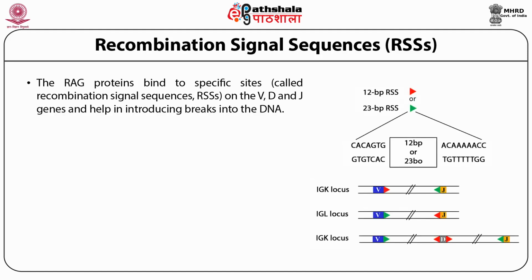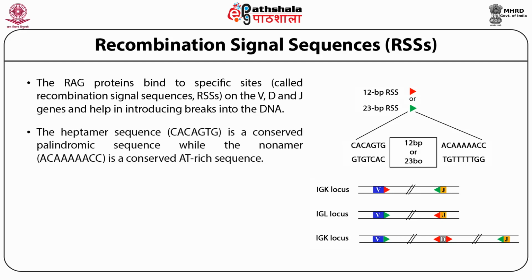As shown in the figure, the RSS are DNA sequences consisting of a heptamer, a spacer, and a nonamer sequence. The heptamer sequence CACAGTG is a conserved palindromic sequence, while the nonamer ACAAAAACC is a conserved AT-rich sequence.